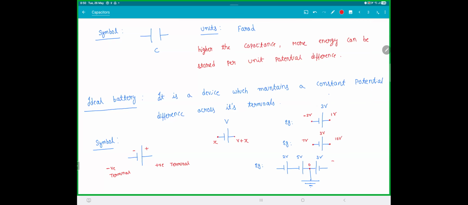What is the potential on the right hand side? That is 0, and this would be minus 3 V. Right? What is the potential here between 2 and 5? If that is 0, this should be minus 5. If this is minus 5, then this should be minus 7. Are you clear with the numbers, everyone?